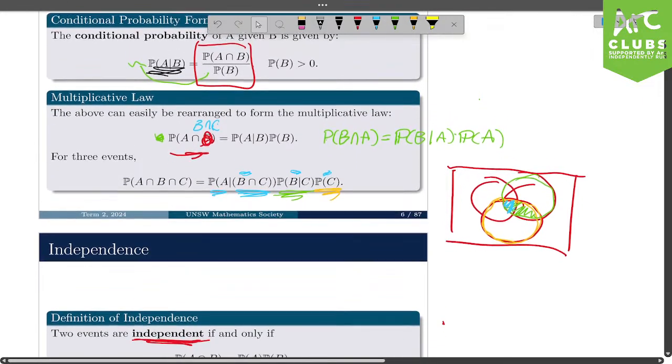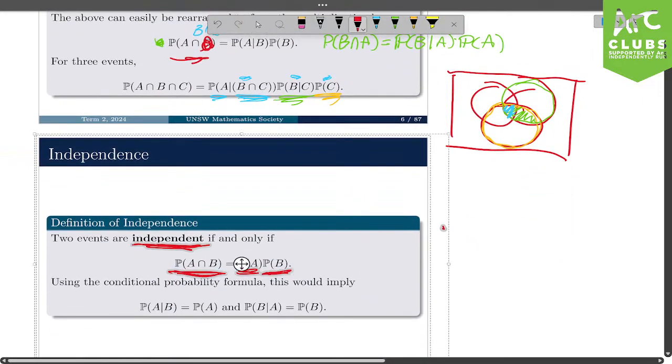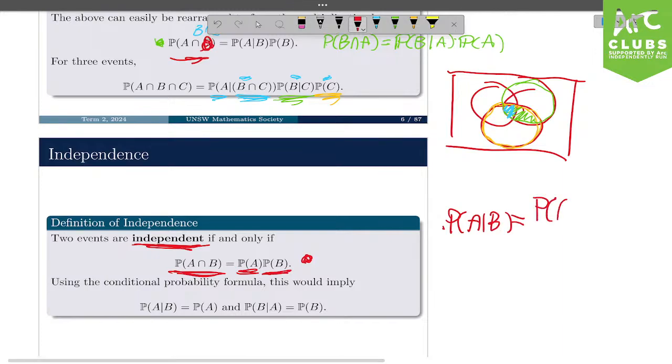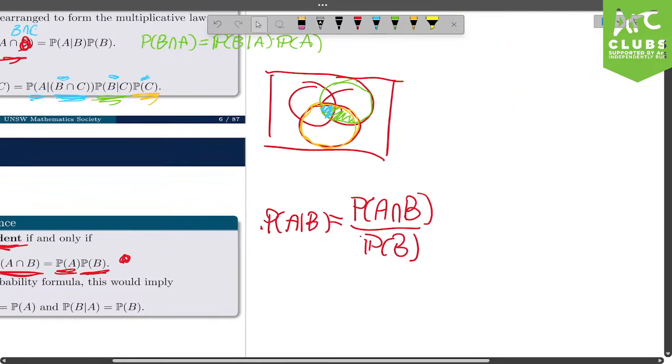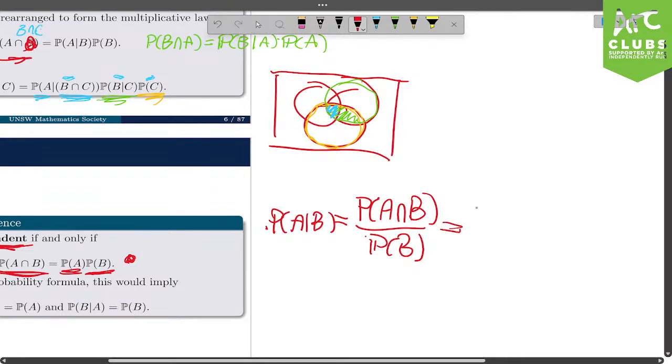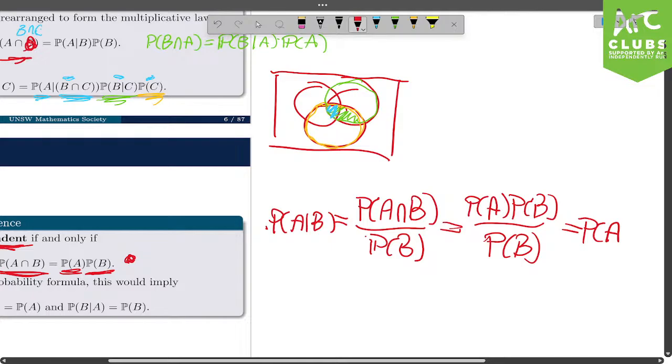So if we put this definition into the formula, what do we get? We get the probability of A given B equals the probability of A intersect B divided by the probability of B. This is equal to the probability of A times the probability of B, divided by the probability of B. That just equals the probability of A.